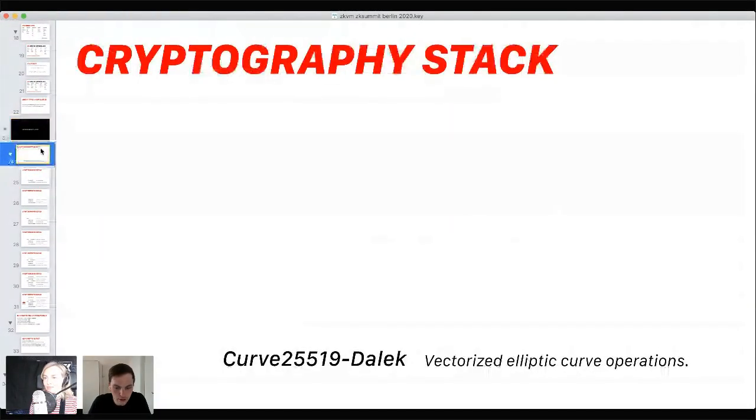So a couple of words about our stack. The whole thing is based on the Curve25519 Dalek implementation that offers the Edwards curve with the very high-performance vectorized operations that we have, which is the basis for all the performance that we're proud of.